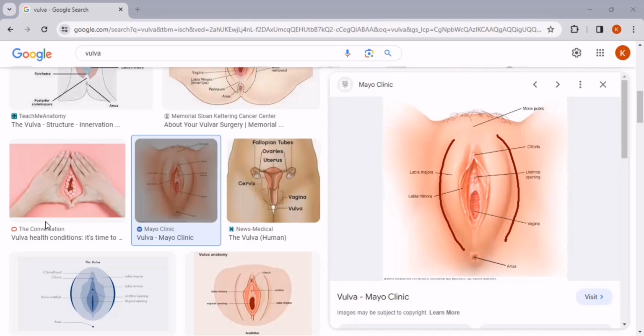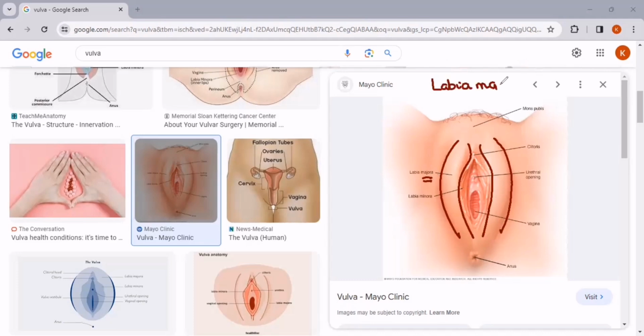Now the vulva has two lips. You know that labia means what? Lips, isn't it? So we have the bigger lip. Because it is a bigger lip, it is a major one. So that's labia majus for one. If you are talking of the two, then we have labia majora, meaning the bigger lips.